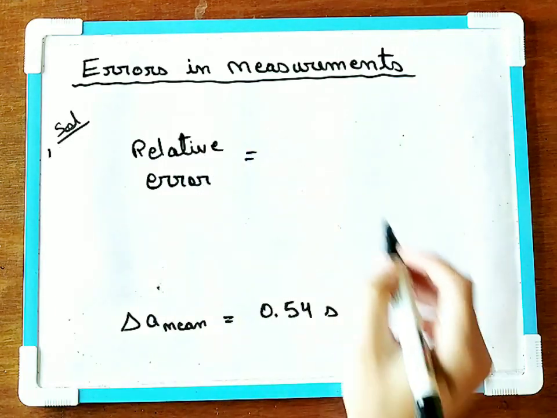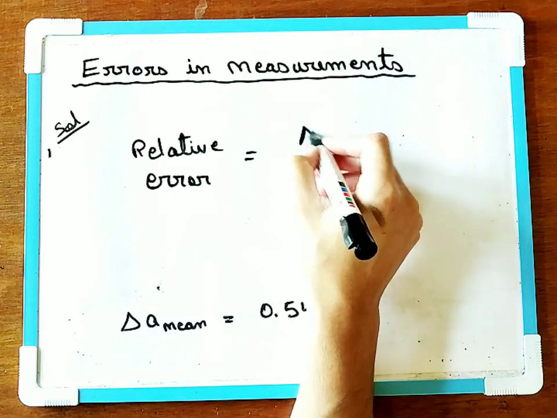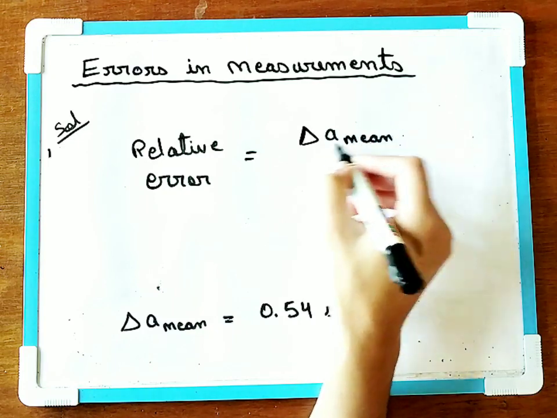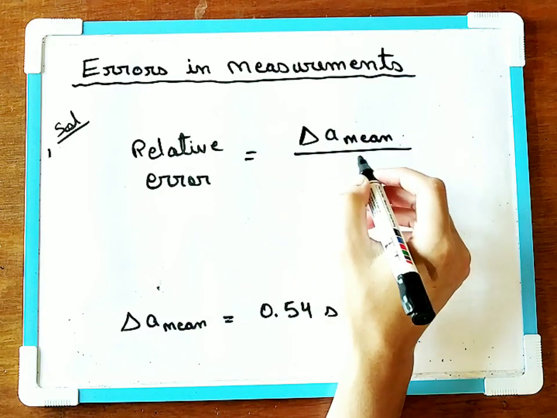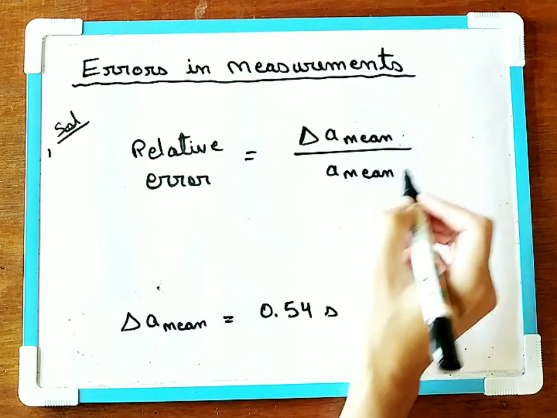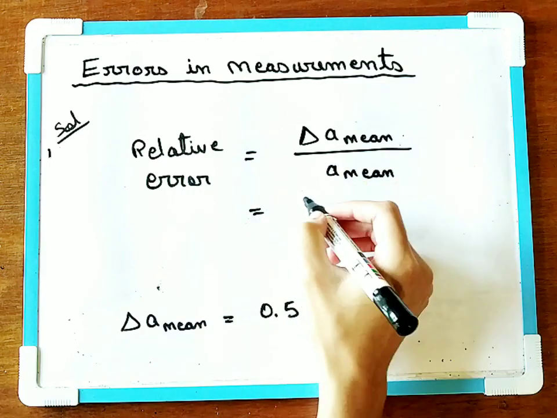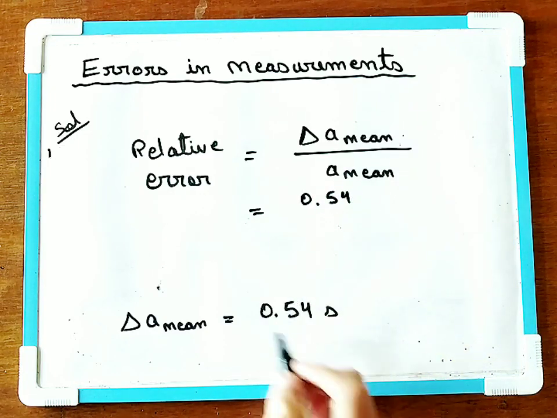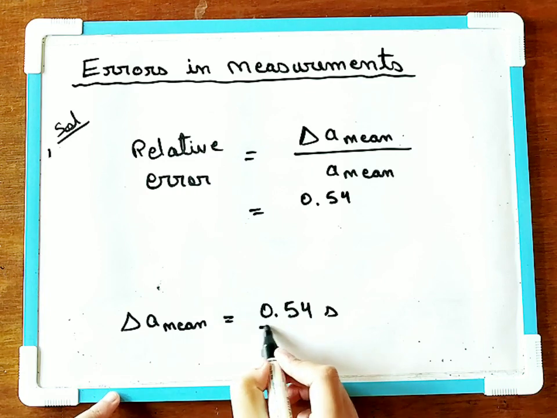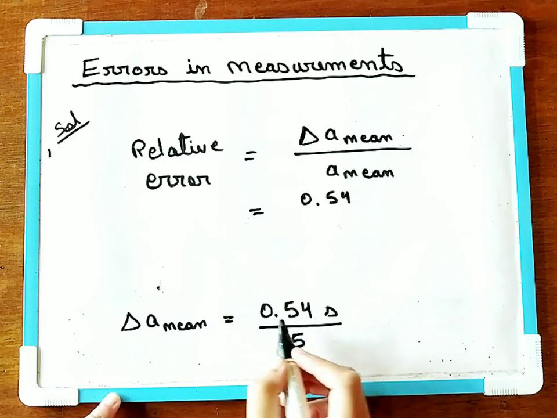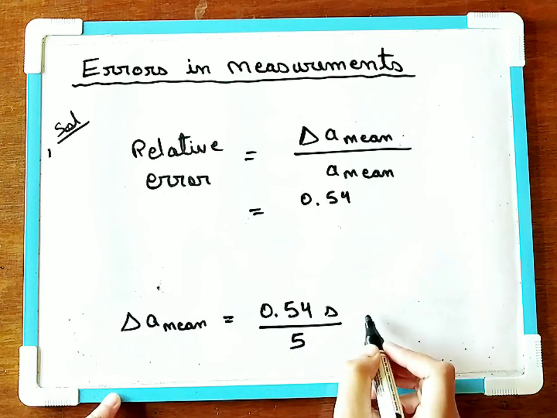This is the formula: relative error equals the mean absolute error divided by the true value. Oh, sorry, first what you do here is you divide the sum by 5. Okay, this is the sum, and you have to divide by 5.